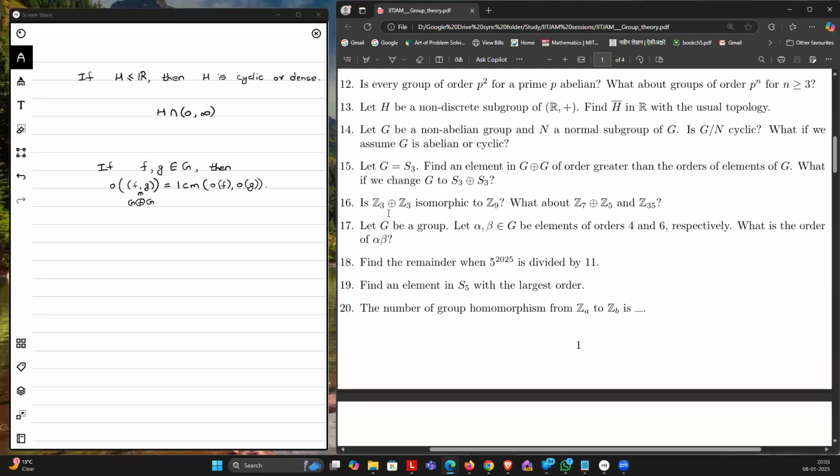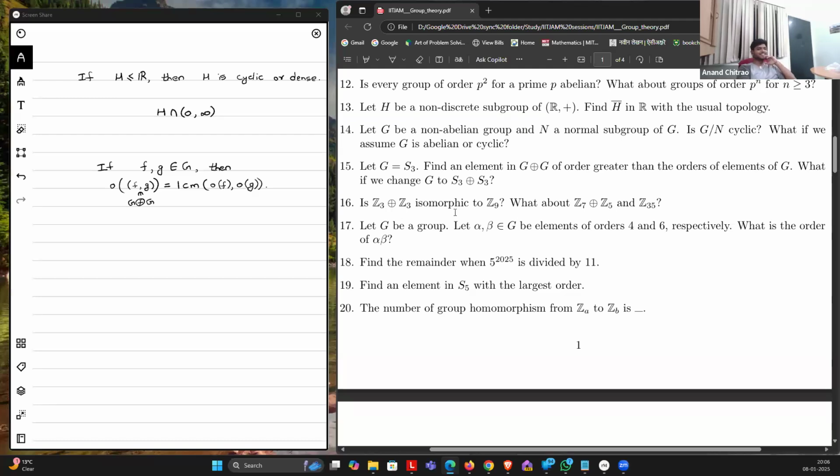There is no element of order 9 in Z3 direct sum Z3, because the orders of elements over here are the LCM of the order of the element here and the order of the element there. Can you make the LCM 9? No, you cannot.